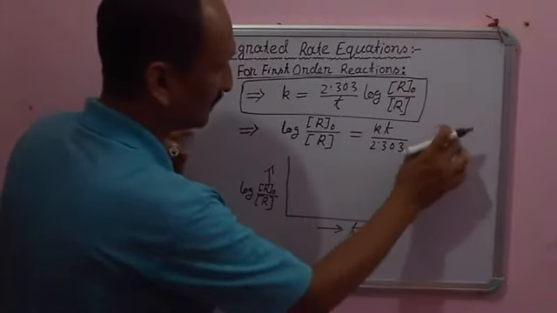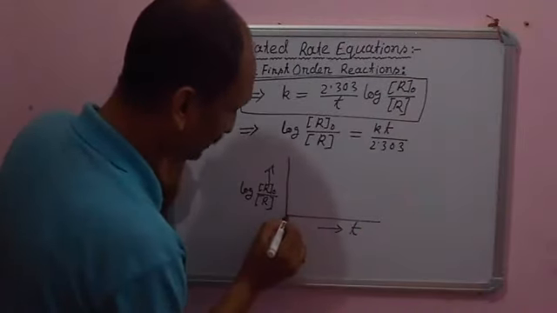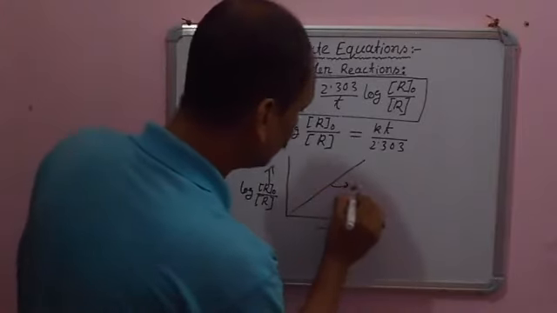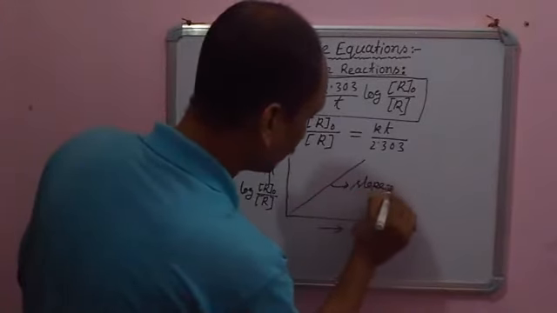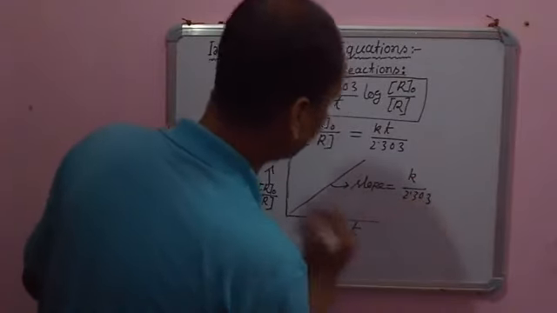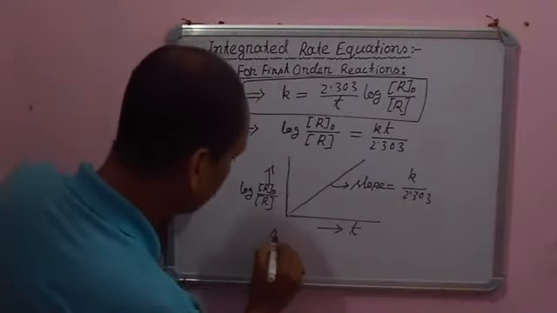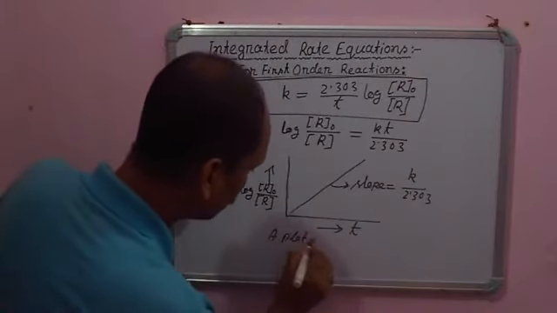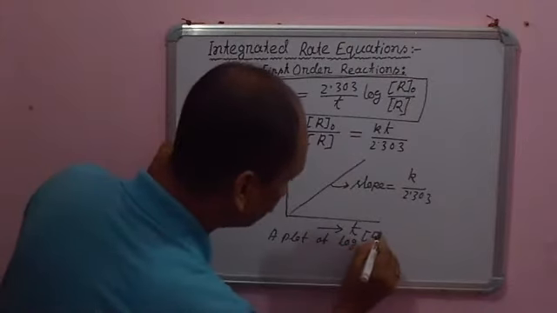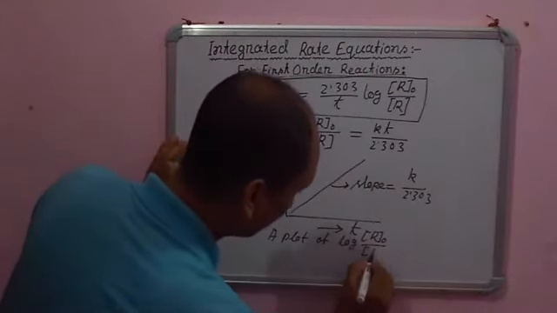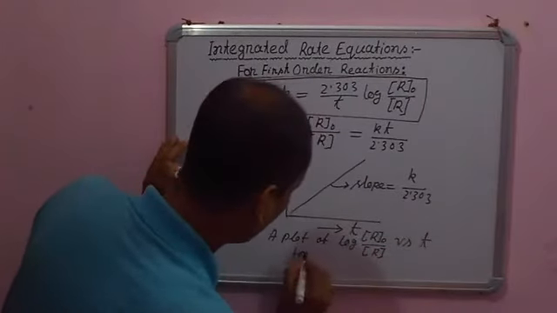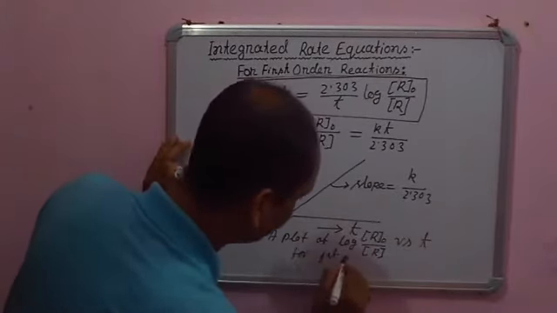Here intercept c is equal to 0, that means it starts from the origin, so it will go this way with slope equal to k by 2.303. So this is the plot of log of R naught by R versus time for first order reaction.